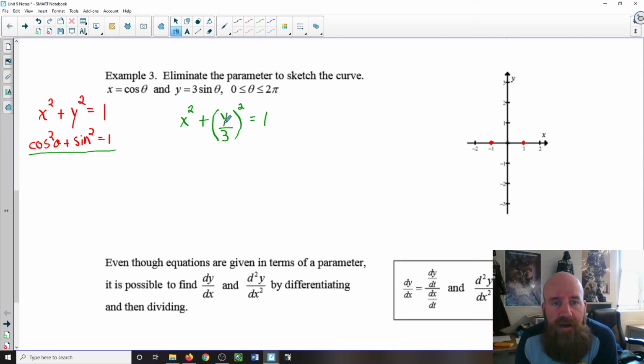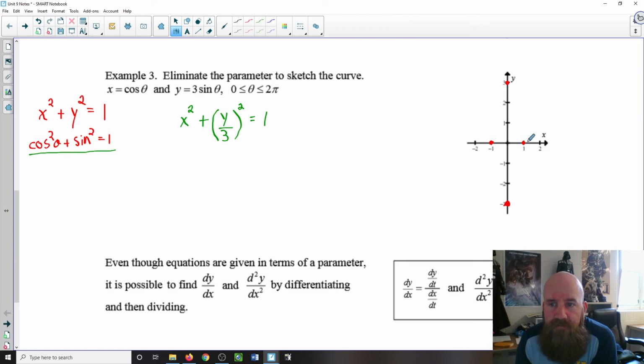Then we look at the y. Y is being divided by 3, so that is a distance of 3 away from the origin, both in the positive direction and the negative direction. And now we can go ahead and graph.